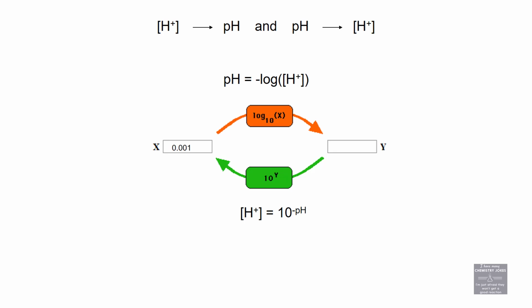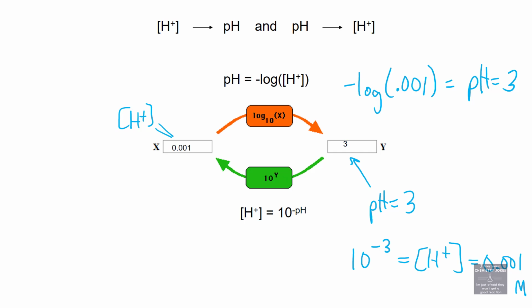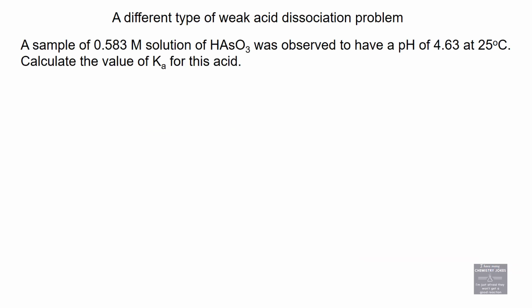If I know that my H plus concentration is equal to 0.001, negative log of 0.001 gives me a pH which is equal to 3. If I'm given a pH equals 3 value, I 10 to the negative 3 to get my H plus concentration, which is 0.001 molar. We love units. We will go back and forth quite a lot with given the H plus, find the pH, given the pH, find the H plus.